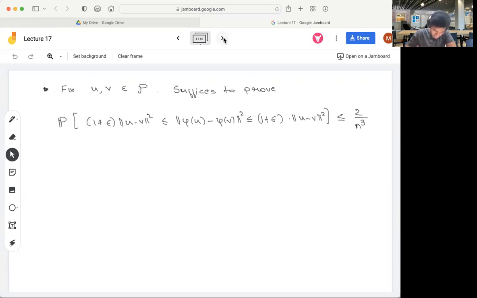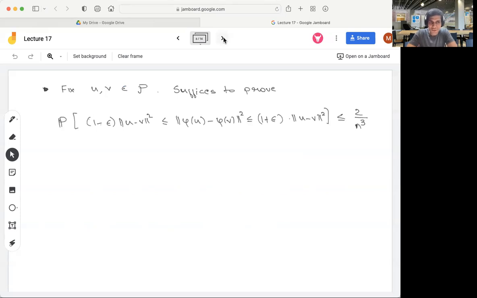Okay. And I claim it suffices to prove the following statement: that for a fixed pair of points in our data set, so just for a fixed u and a fixed v, the probability that the distances after the linear transformation and before the linear transformation differ by more than a factor of 1 plus or minus epsilon is at most 2 over n cubed.